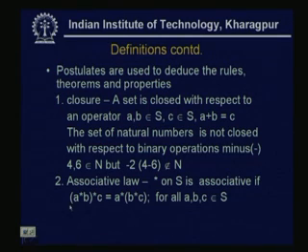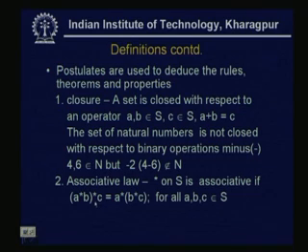On the left hand side, the operator is first operated on A and B. Then the result we get will be treated as one operand, and C, another element of S, is the other operand, and then the operator is again operated on this.